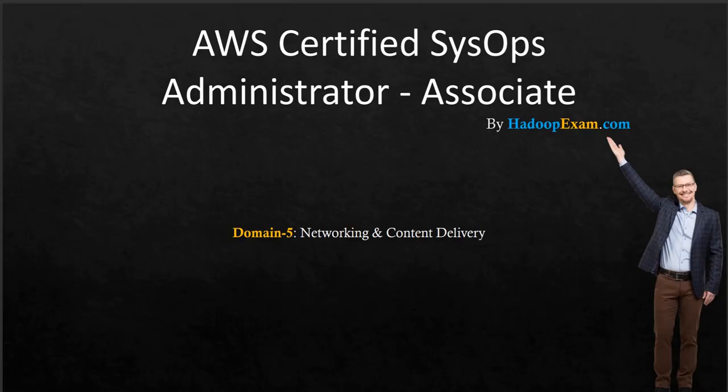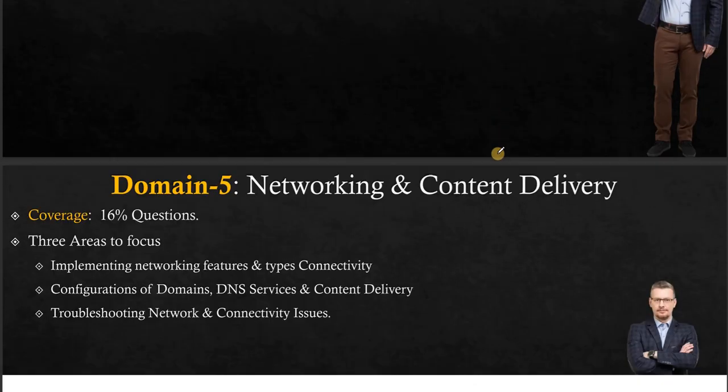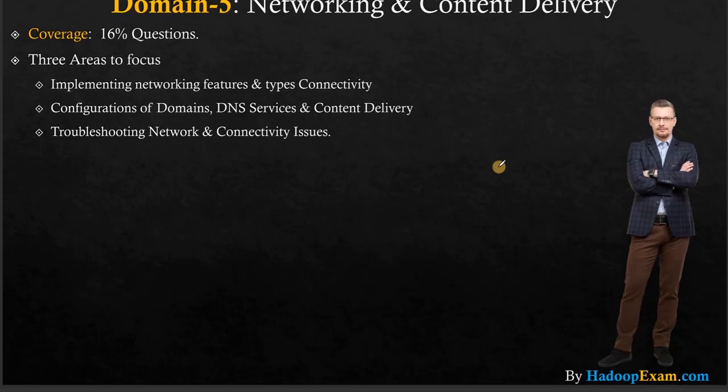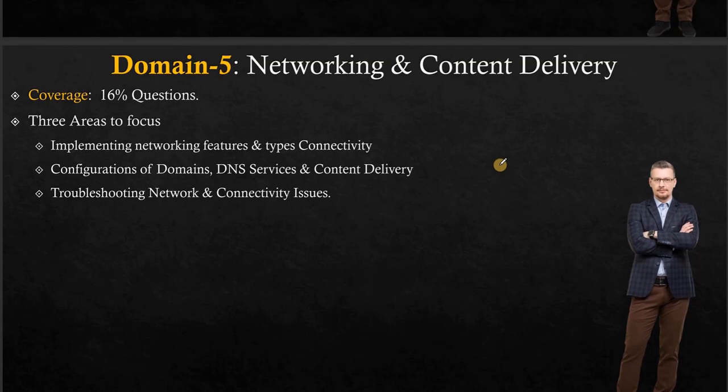In this session, we are going to cover networking and content delivery, which is AWS Certified SysOps Administrator Domain 5. What exactly are they trying to ask here? Let's go over here and try to understand. This domain covers around 16% of questions, and there are mainly three areas to be covered.